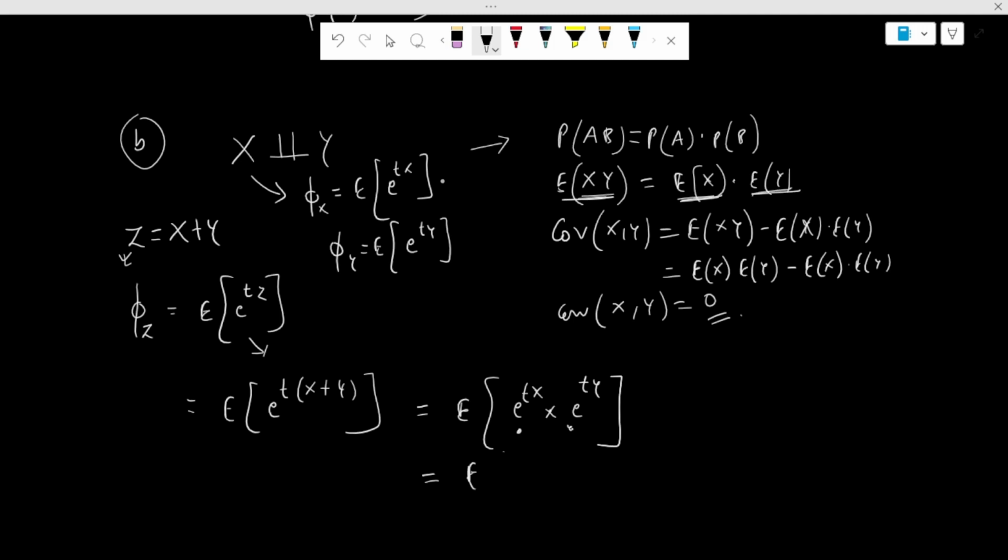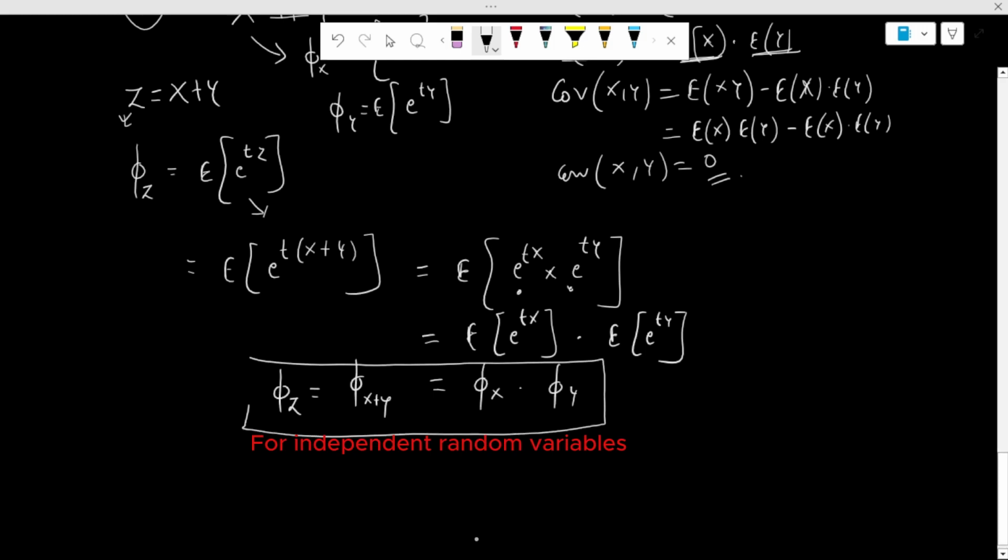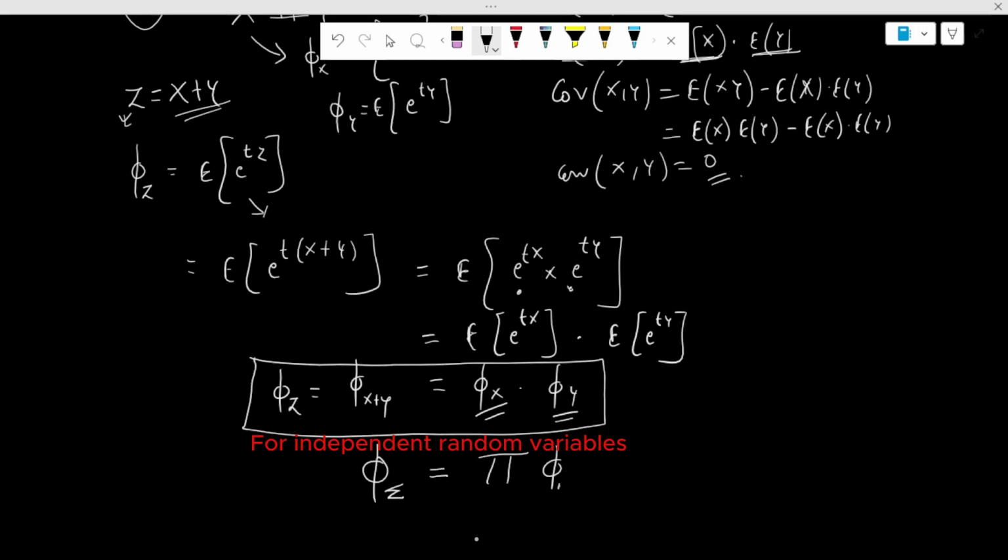Let us apply that property. This is our moment generating function of x, and this is our moment generating function of y. So we see that the moment generating function of the sum is equal to the product of the moment generating functions. We can conclude that the moment generating function of the sum of independent random variables is equal to the product of their individual moment generating functions.